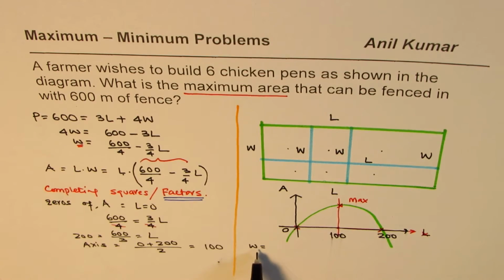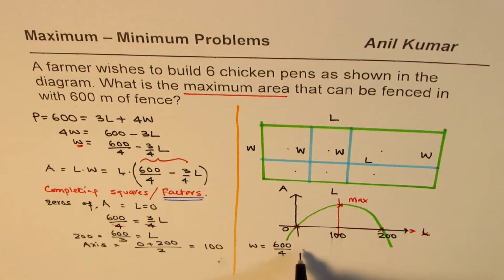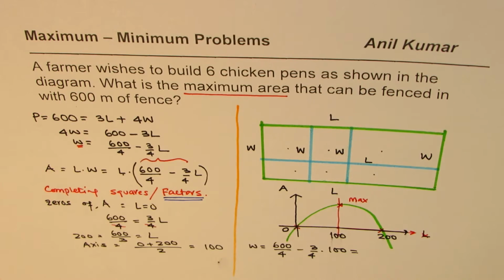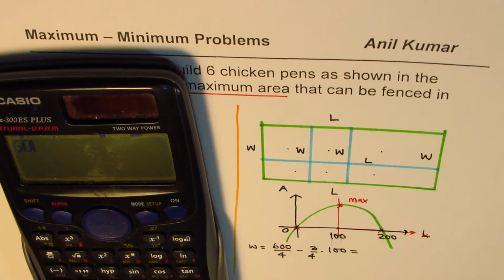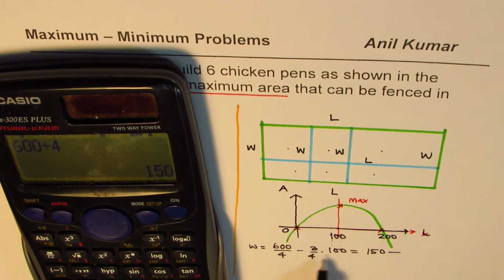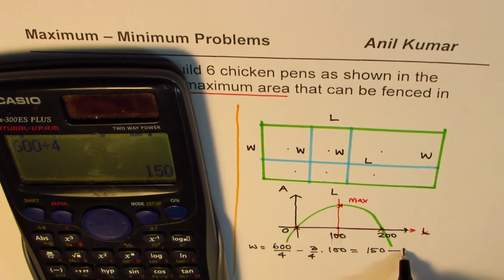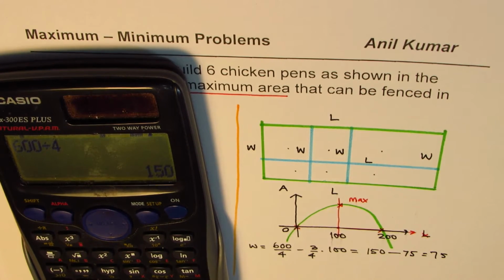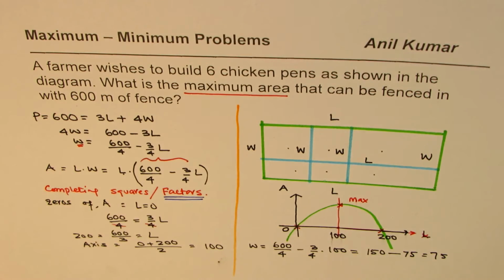Okay, so I'll calculate width, which is 600 divided by 4 minus 3/4 of 100, right? So that is what we have. 600 divided by 4 is 150, minus 1/4 of 100 is 25, times 3 is 75, correct? So it is 75. So that is how we can calculate the width.